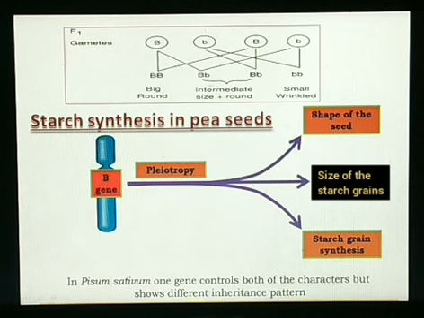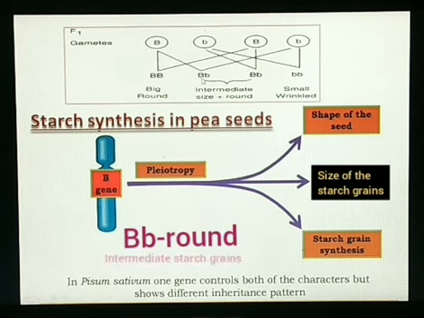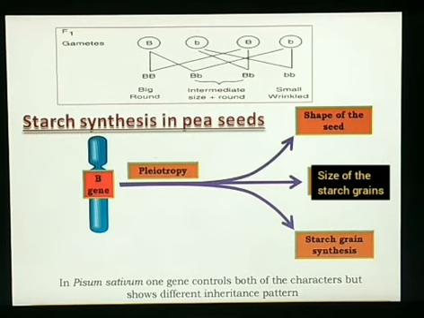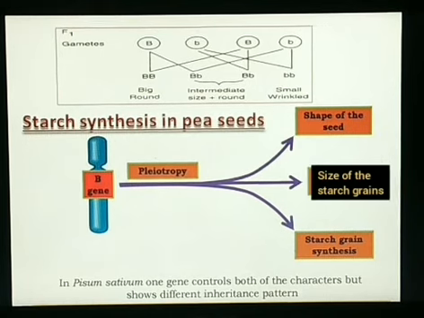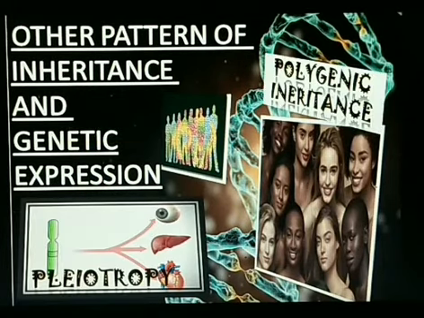Whereas the intermediate, that is heterozygous capital B, small b, are of intermediate size, but since capital B is there, they are called round. But otherwise the B gene is showing three different phenotypic expressions, thus having more than one effect of a gene on the phenotype. So this was all about pleiotropic gene and polygenic inheritance.